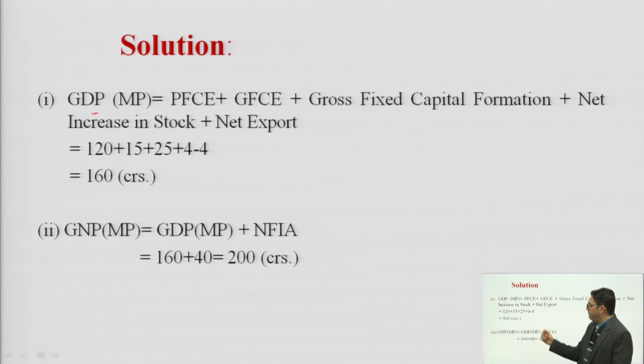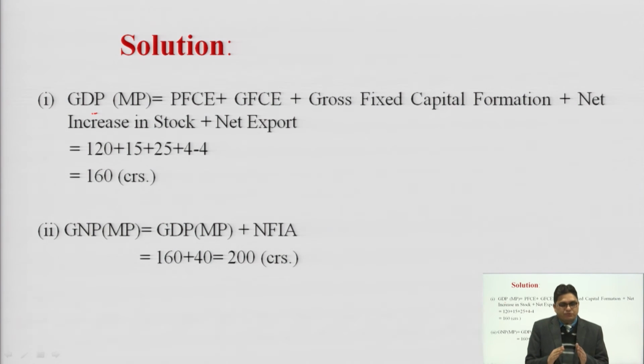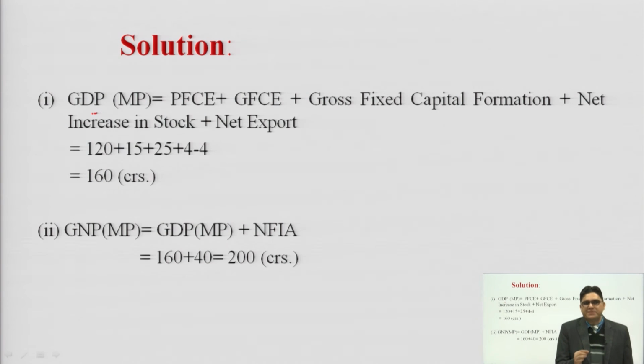Okay. So, this is how we go from gross domestic product at MP to GNP at MP, the market prices. These three methods have to be taken into account while we are calculating the national income. I just want to give a recap, for clarification, in case there is any doubt.